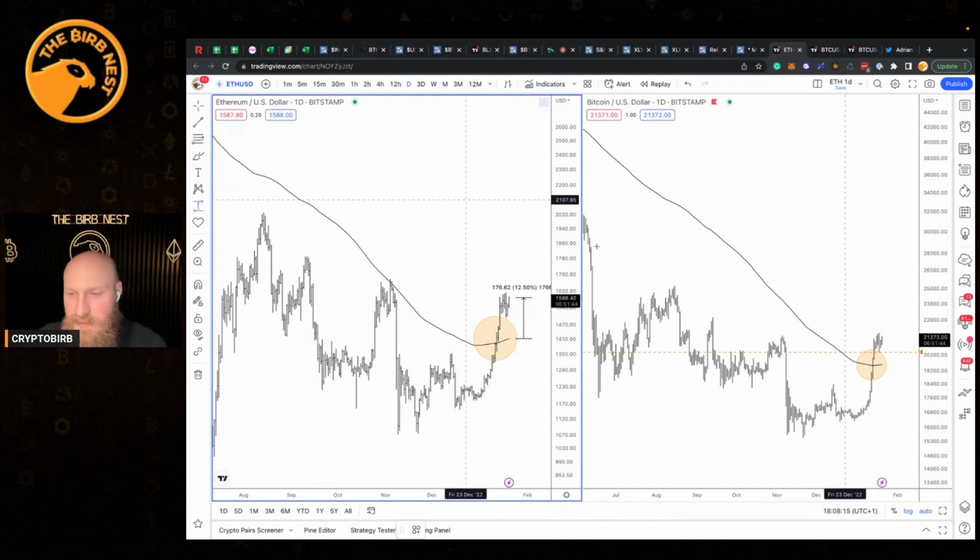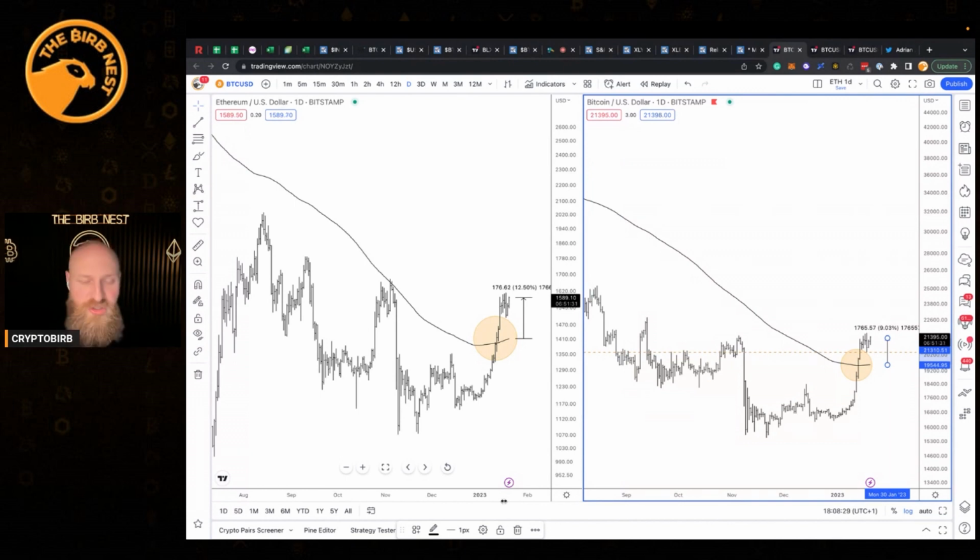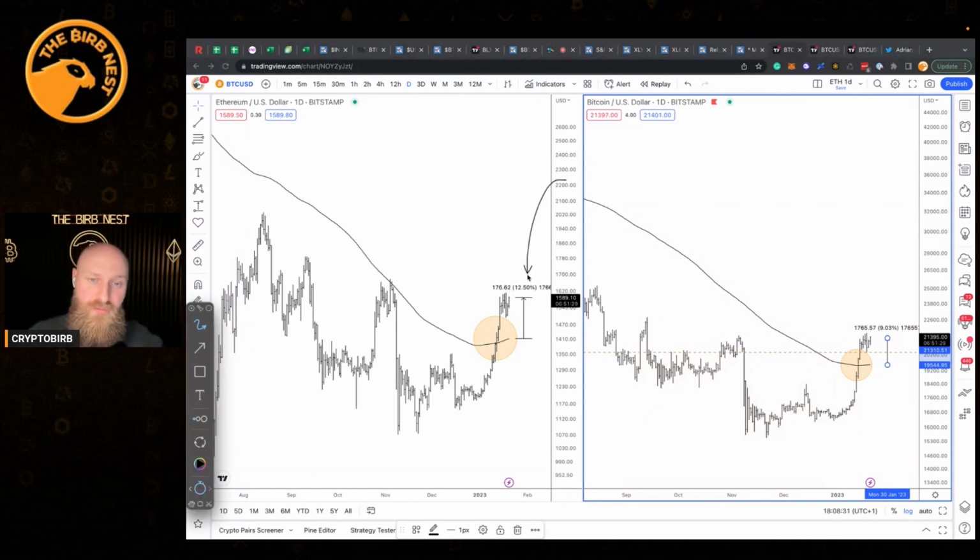However, for Bitcoin, at this very specific time, it's about 9%. So which one is of more preference? Which one is stronger? Which one is more bullish? The answer, of course, is Ethereum. Ethereum is more bullish, which is why you would see the Ethereum BTC chart in an ascending mode, right?